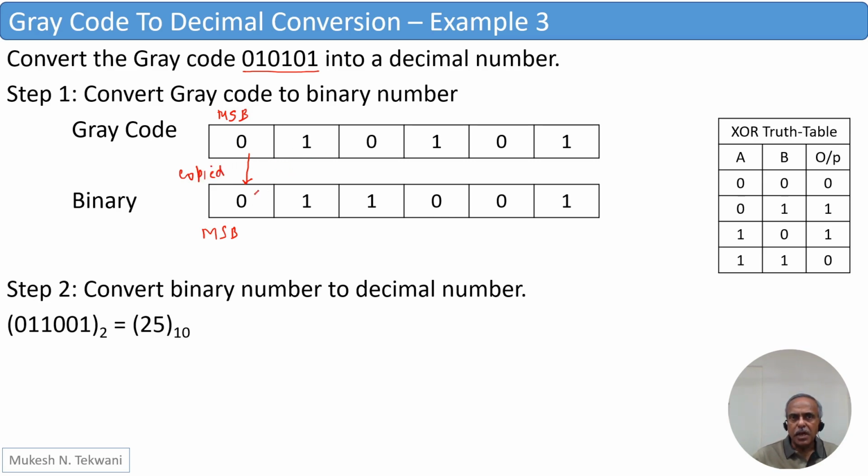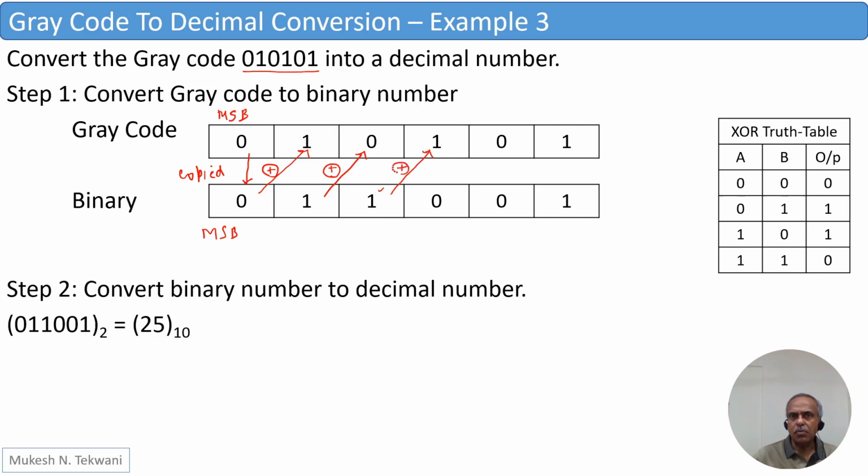Then after that, we take the newly generated bit of the binary and XOR it with the next bit of the gray code. So 0 XOR with 1 will give us 1. This 1 XOR with 0 gives us this 1. At every step you can see that the new bit that is produced in the binary is XORed with the next bit of the gray code.